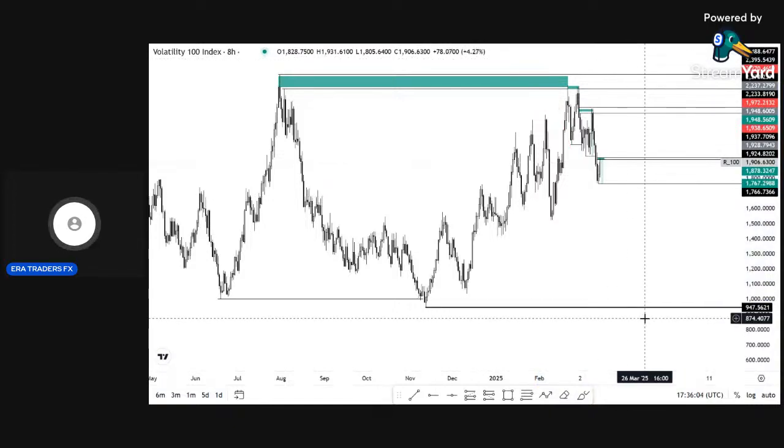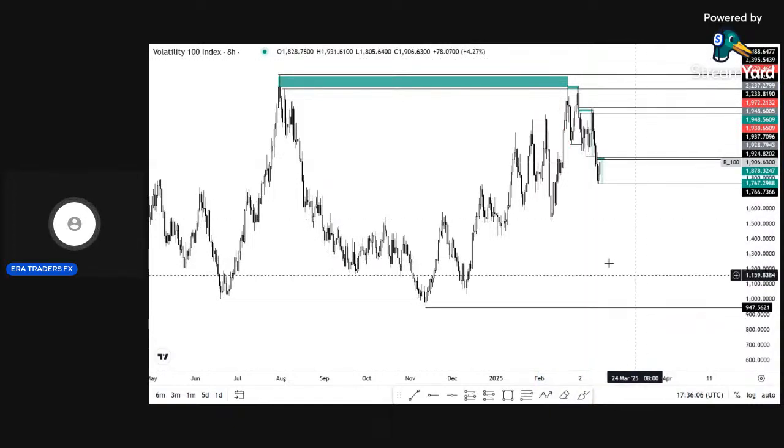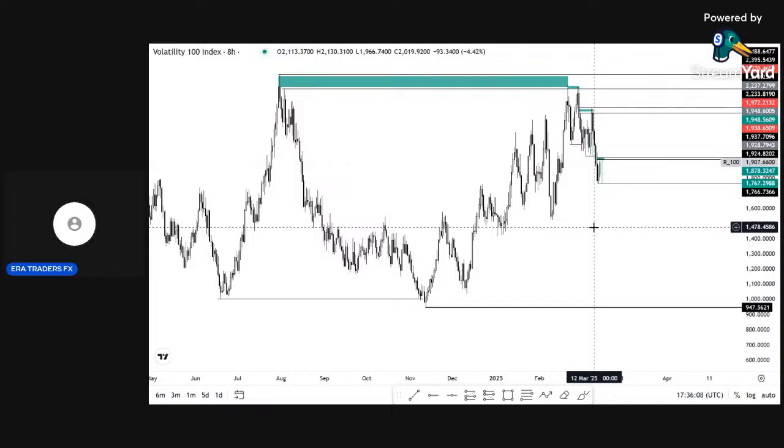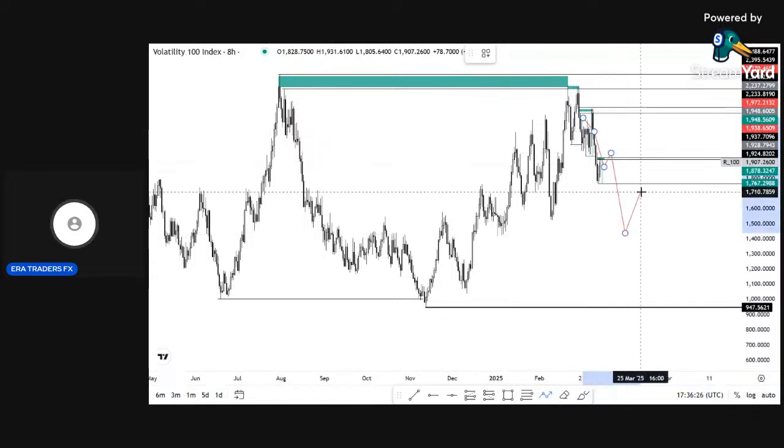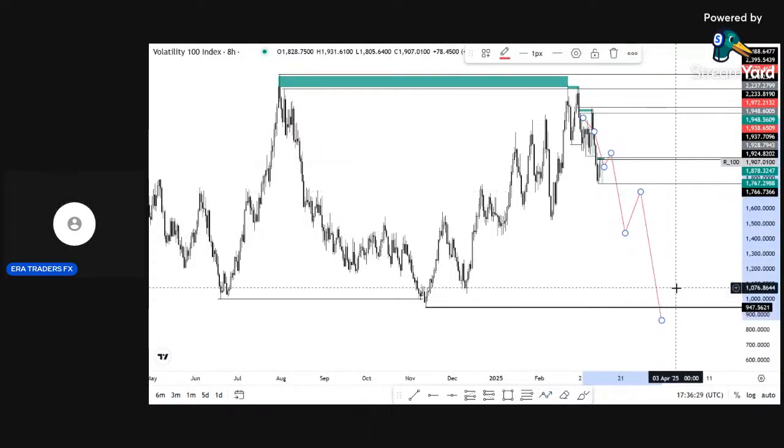From the analysis, from what we've seen, from the top-down analysis, and in fact, I think during the last outlook, we said that V100 will be selling from this, I think around somewhere here. So we have been actually expecting much down moves. Yeah, we're expecting much down.